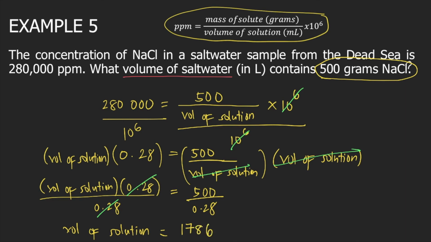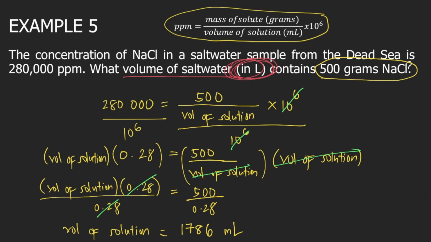1786. And what is the unit for volume? Again, as I mentioned a while ago, when you use the second formula, the unit of volume is in ml. So the volume of solution is 1786 ml. But the problem is asking for the volume in liters. So we need an extra step. We will convert 1786 ml to liters.